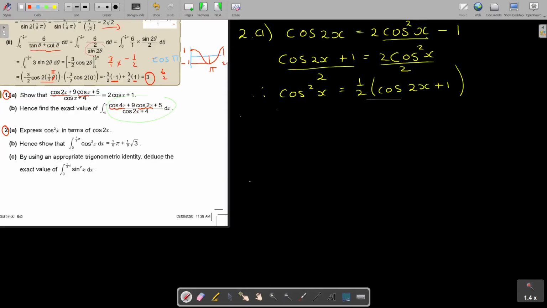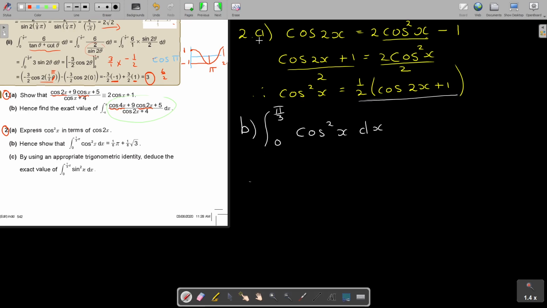Let's start with number b. So it's going to be the integral from 0 to pi over 3 of cos square x dx. And they say I must show that it's this answer, so I just start here. That is the reason why they let me do this, to help you.